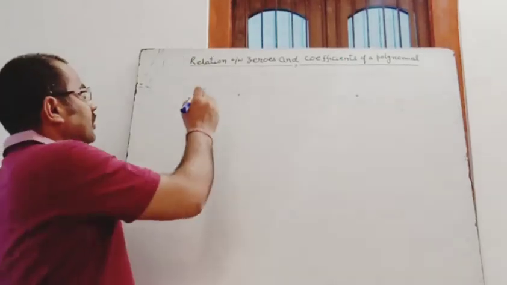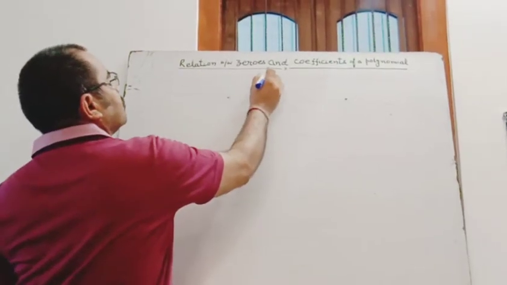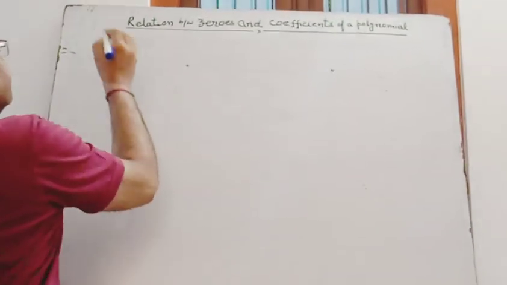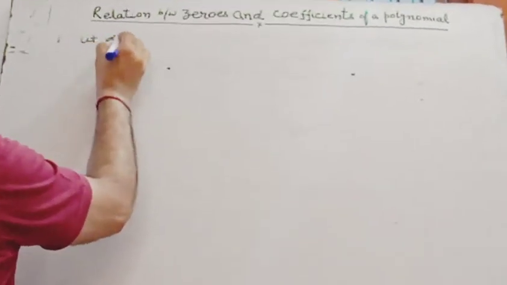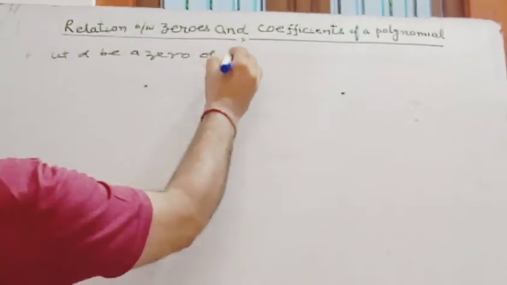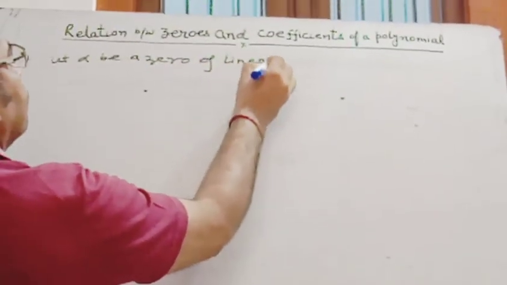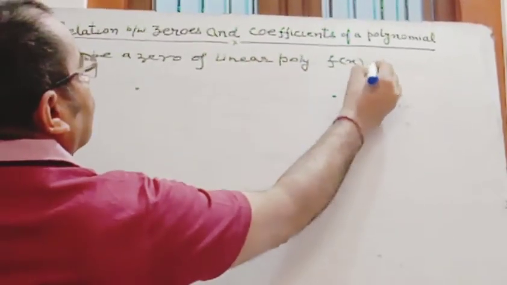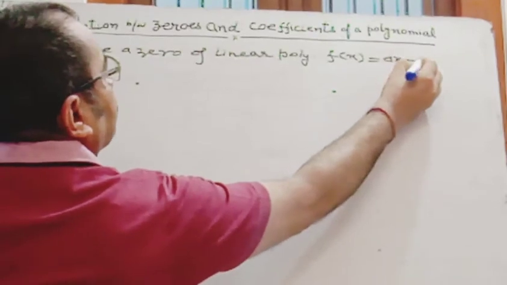Today we take the topic: relation between zeros and coefficients of a polynomial. Point 1: let alpha be a zero of linear polynomial f(x) = ax + b.